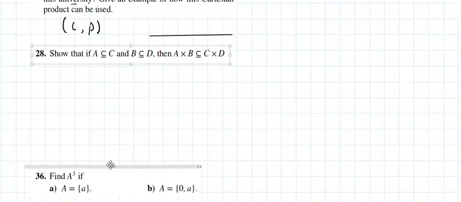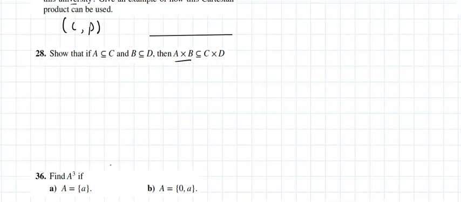Now, 28, we want to look at showing. Show that if A is a subset of C and B is a subset of D, then A cross B is a subset of C cross D. Now, how would you do such a proof?